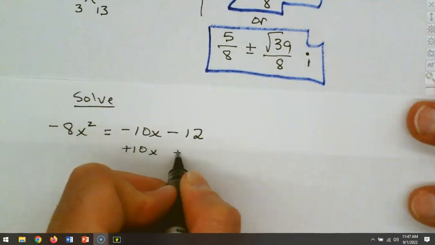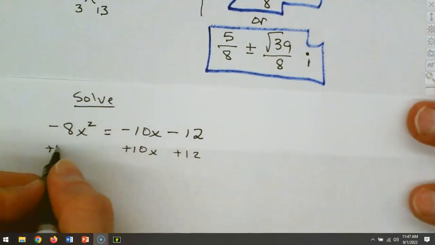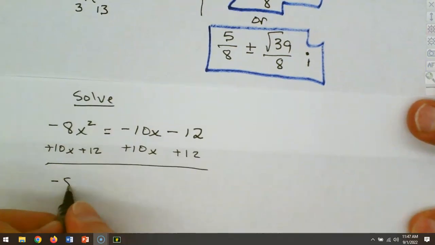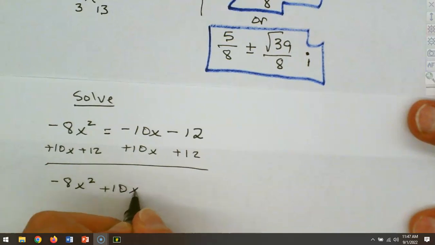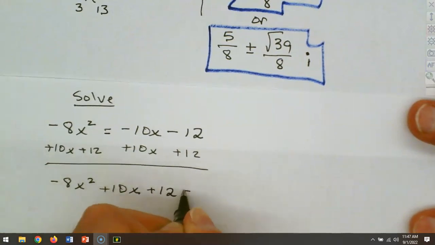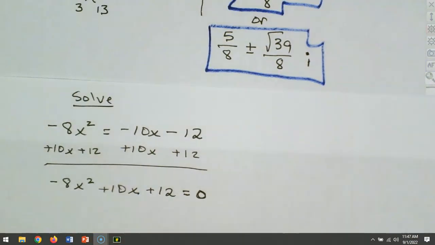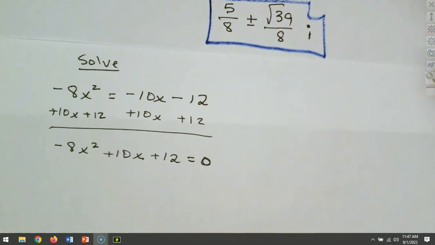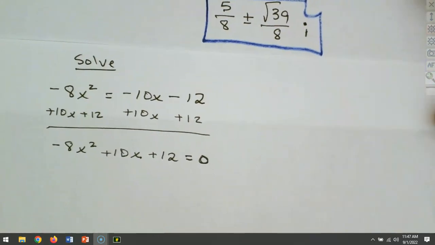Add 10x and add 12. And that gives us now a negative 8x squared, a positive 10x, and a positive 12.